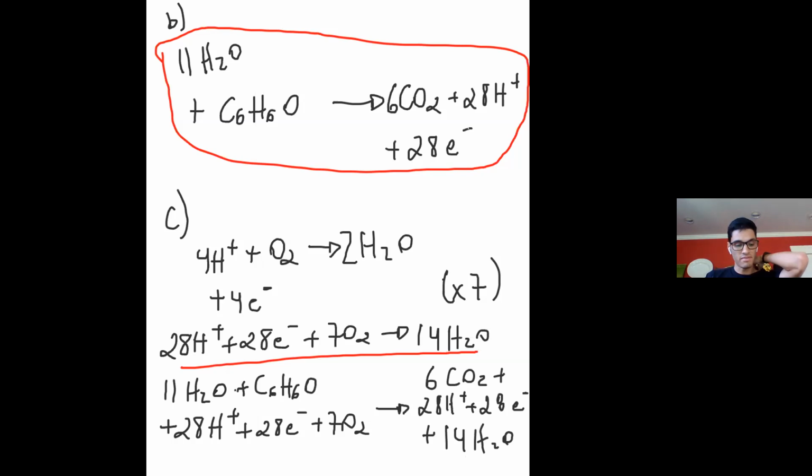And we can also simplify this equation because we have 28 H plus on one side and 28 H plus on the other side, so we can just cancel them out. We also have 28 electrons on each side. We have 11 H2O on the left side and 14 on the other side, so we can cancel 11. And here we're going to have 3 left.